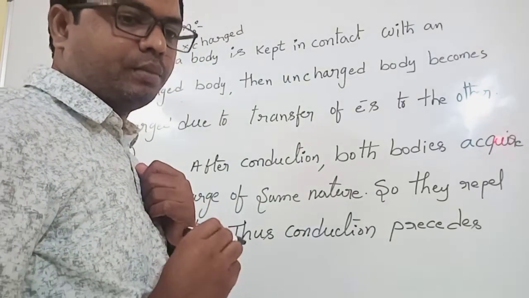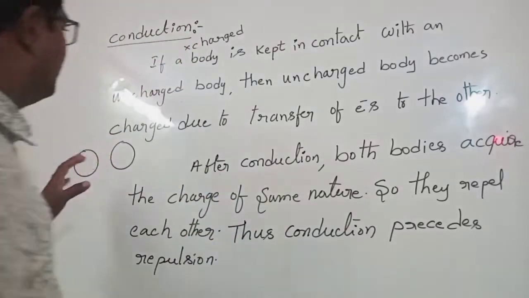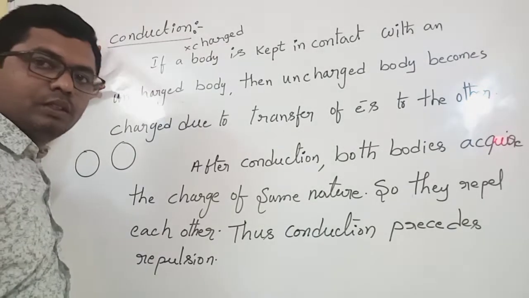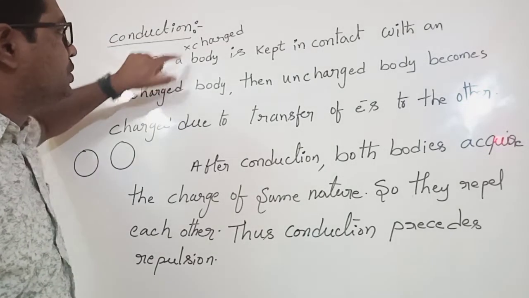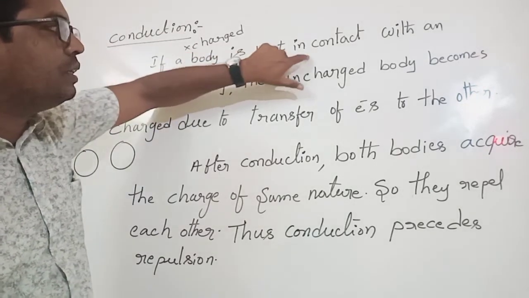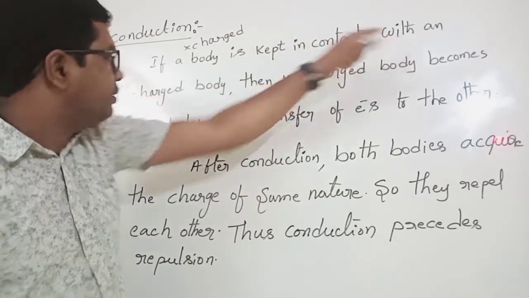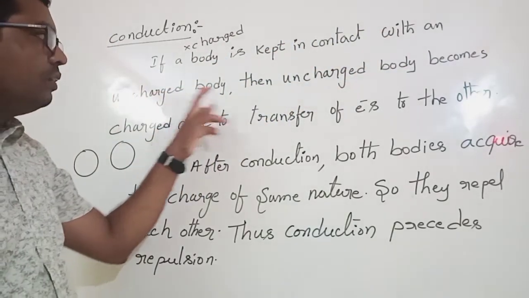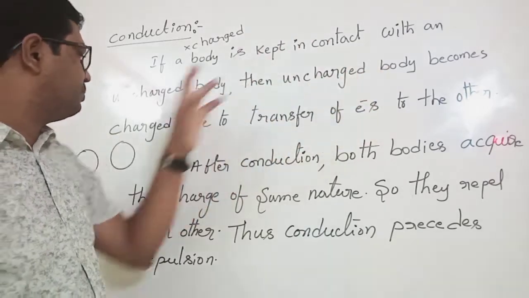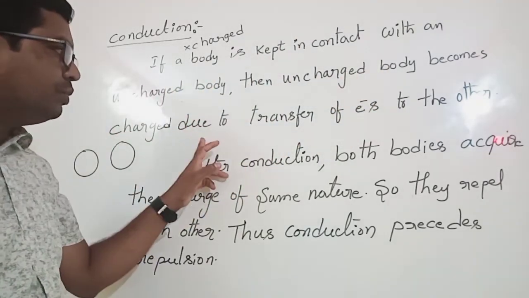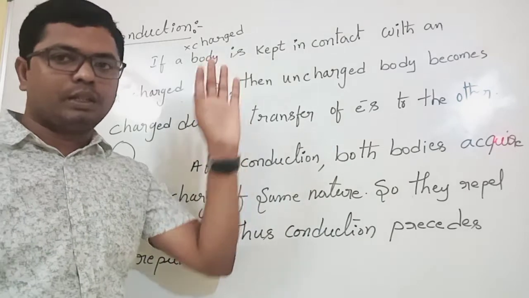Let me complete it; there is a lack of space. You write it down: if a charged body is kept in contact with an uncharged body, then the uncharged body becomes charged due to the transfer of electrons to it.